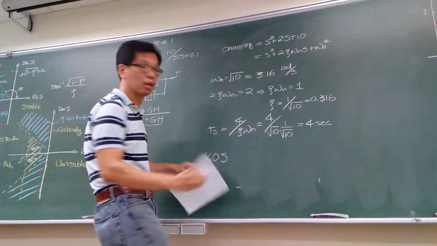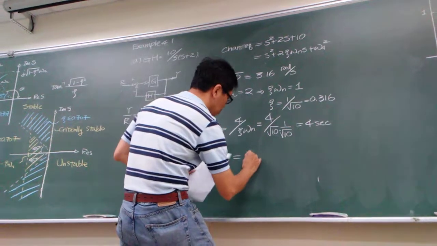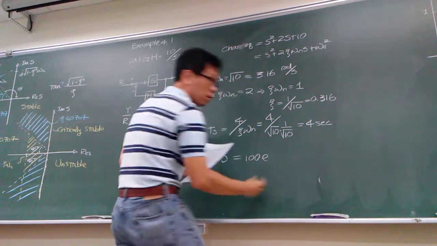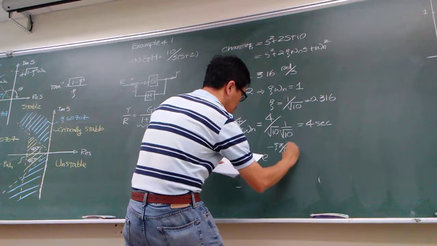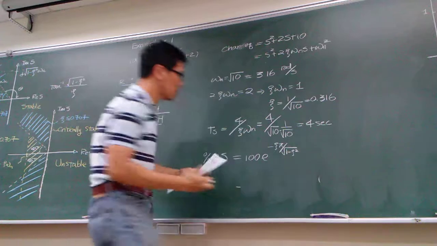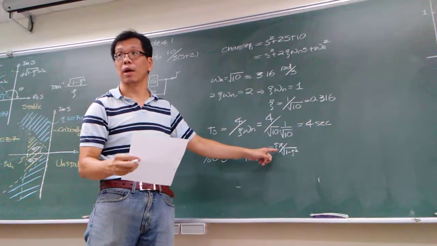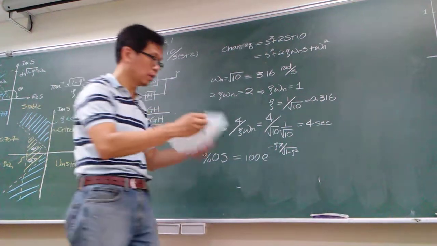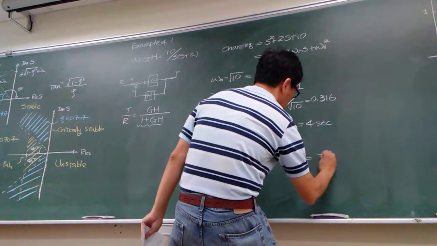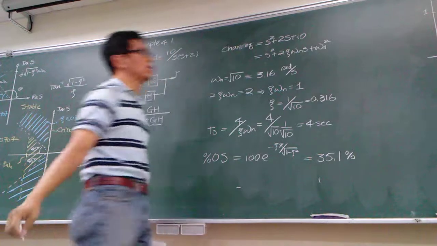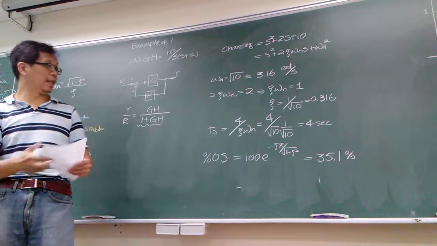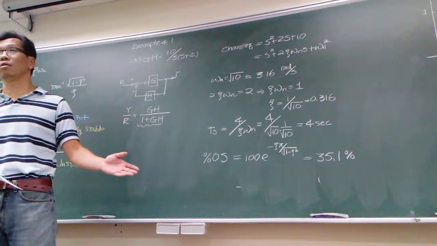Again, you will need to use the formula. Since I have my data, just adopt this formula, and you're going to find out the overshoot is 35.1%. And that is going to be my answer for part A.